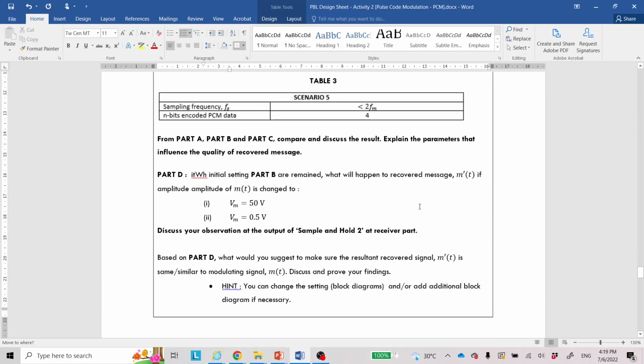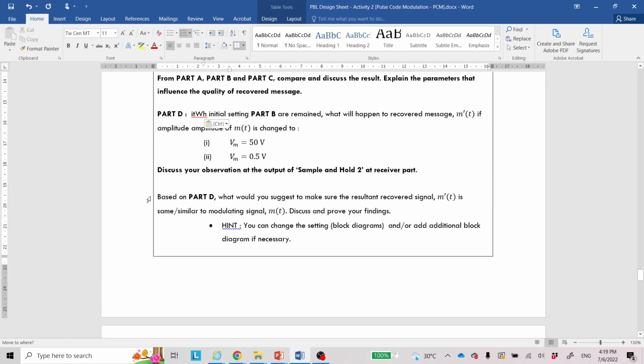That is part D. So based on this part D, what would you suggest to make sure the recovered signal MT is the same or similar to the modulating signal MT? Discuss and prove your findings. There's a hint: you can change the setting of the block diagram and or add additional blocks if necessary.